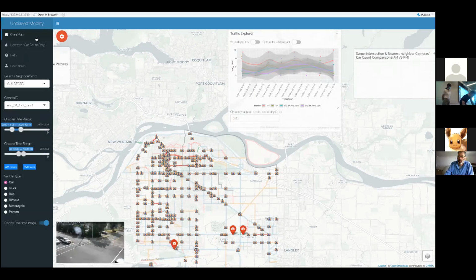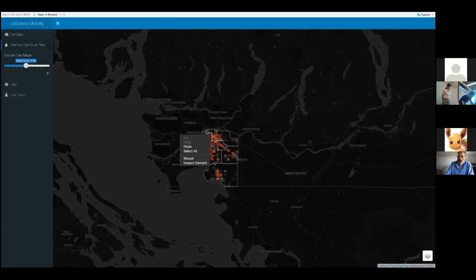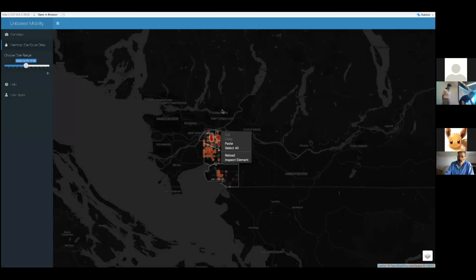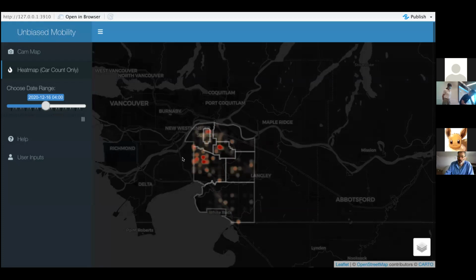There's also a heat map feature, where you can observe the change in traffic over time. It's useful if someone wants to see how a certain area changes in traffic within a given time period.